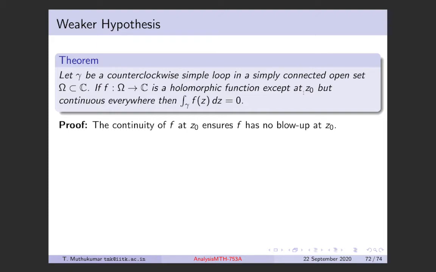If you take any neighborhood of z0, in that region the function is bounded. So at z0 the function is not taking infinity, or it's not undefined there. So it actually behaves well at z0, which is why we can expect this behavior.